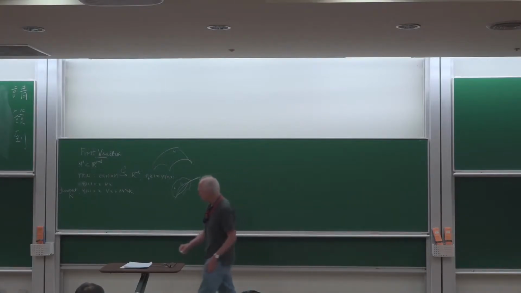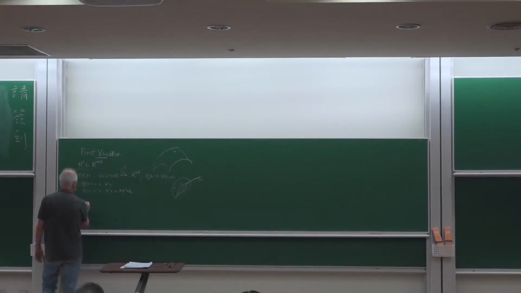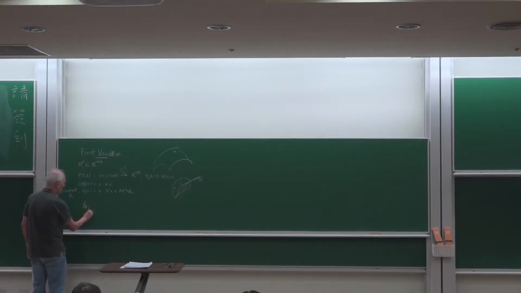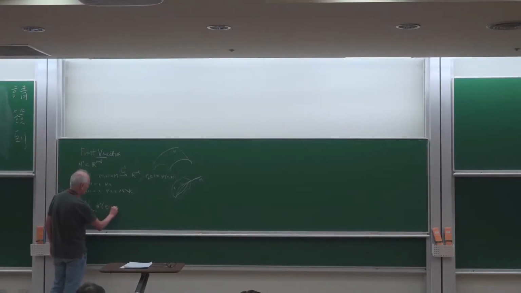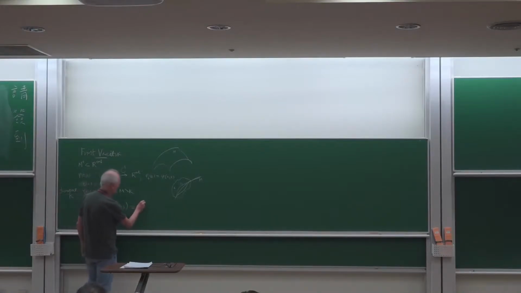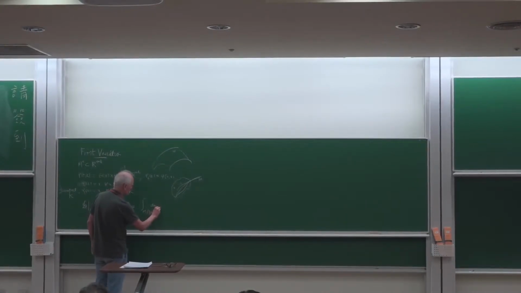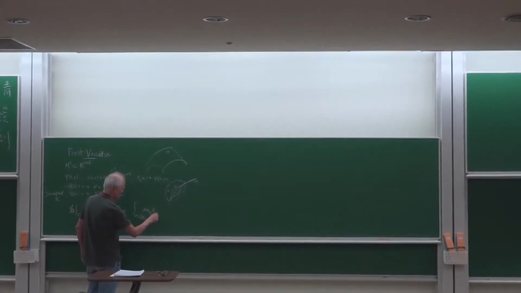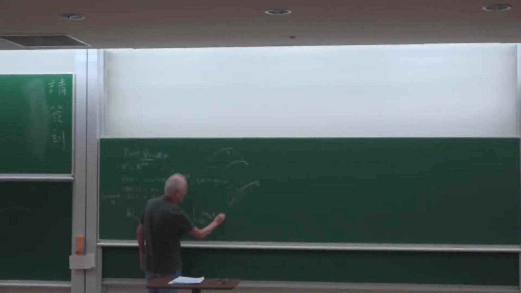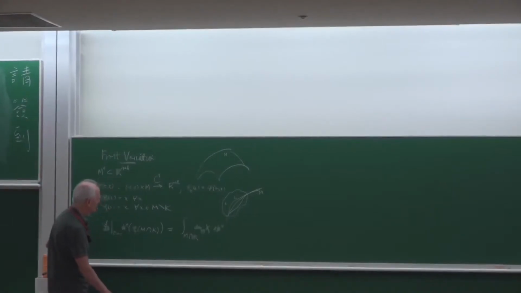And the main computation was we took the first variation of the volume, d/dt at t equal to 0 of the volume of phi_t(M ∩ K). And we got a nice formula for that. In fact, we found it was simply equal to the integral over M ∩ K of the tangential divergence of the initial velocity vector, integrated with respect to n-dimensional Hausdorff measure.